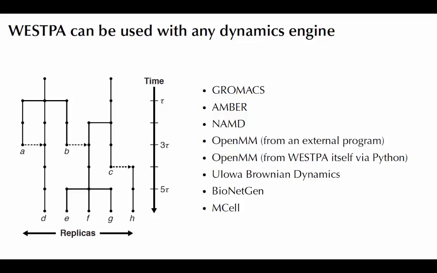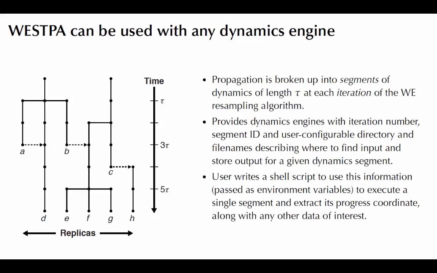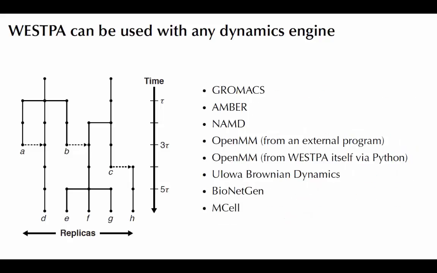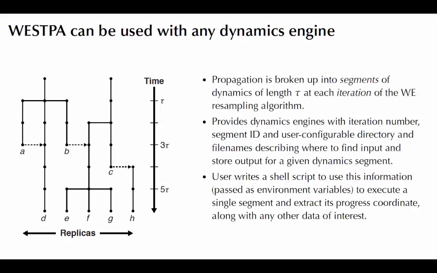We've interfaced this, as Lillian has said, with the University of Iowa Brownian Dynamics code, and, as Rory's going to talk about, with spatial and non-spatial cellular models like BioNetGen and MCell. Because we've chosen a fairly generic way of getting information to the dynamics engine and back out, that's the secret to getting it to run anywhere. Pretty much all the end user has to do is write a little shell script to make this interfacing happen. We post some of these examples online, so you're not going to be alone in your efforts to get this to talk to your favorite dynamics code.